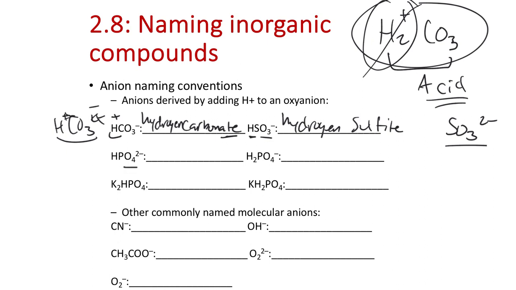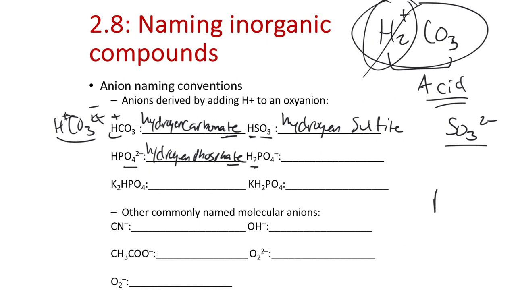You can put an H plus onto phosphate. That would obviously be hydrogen phosphate. So ate ending still. And then you can put a second hydrogen.